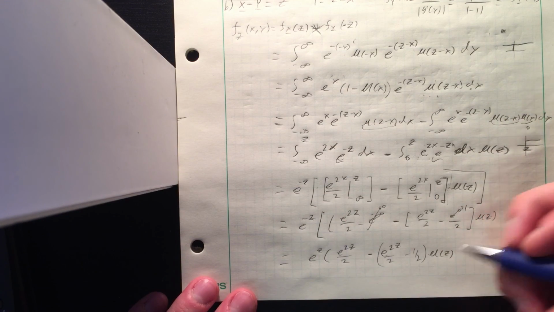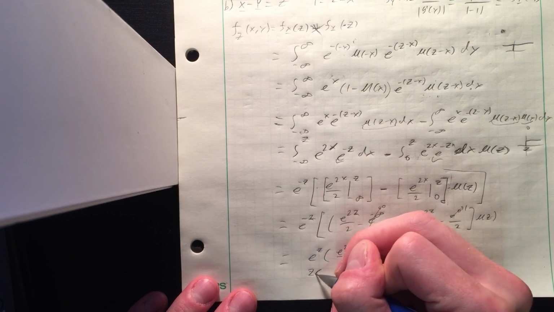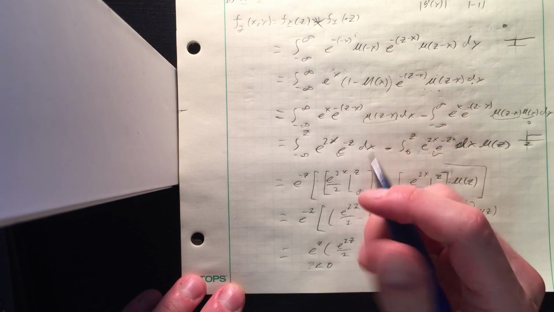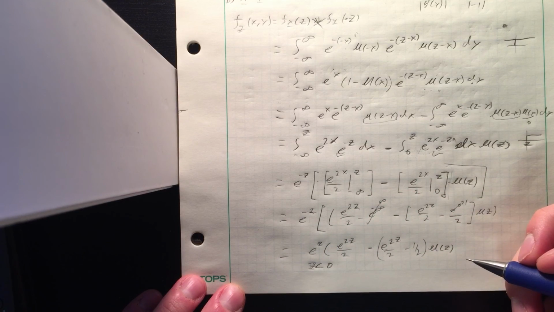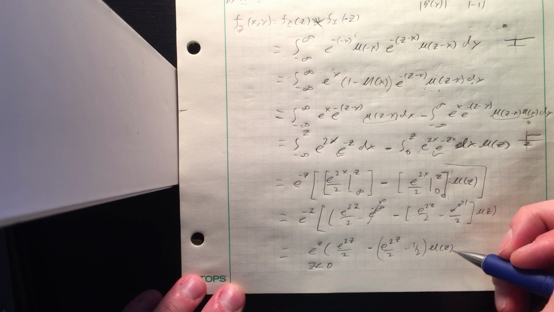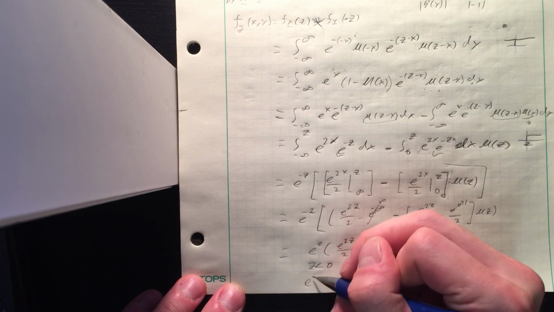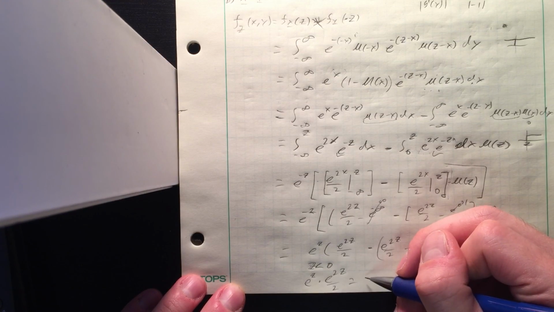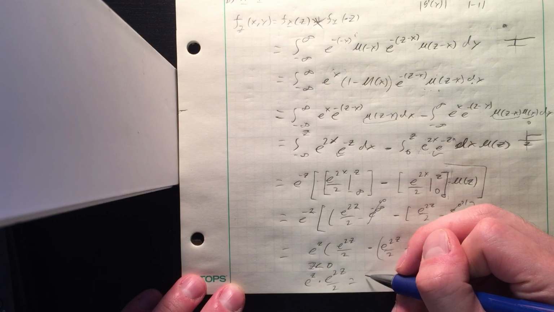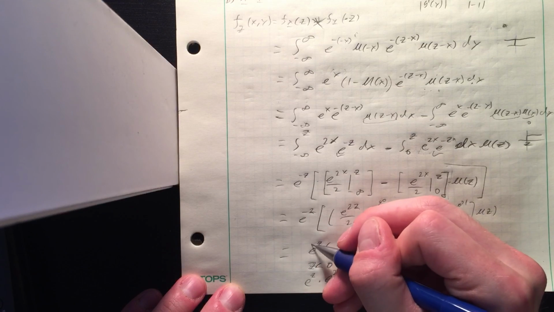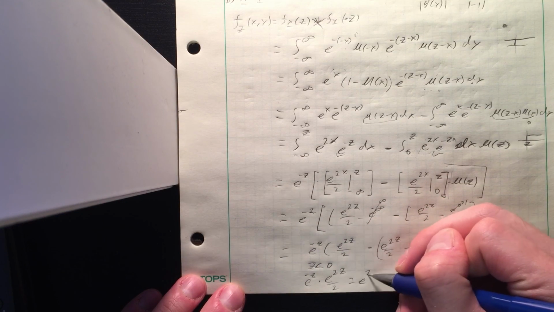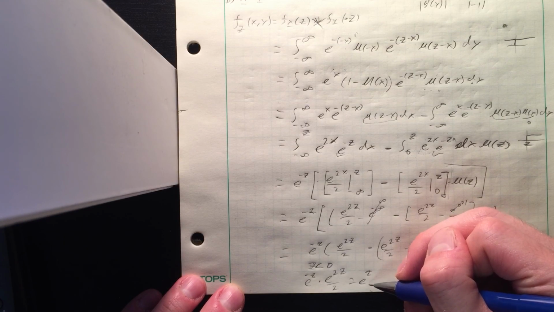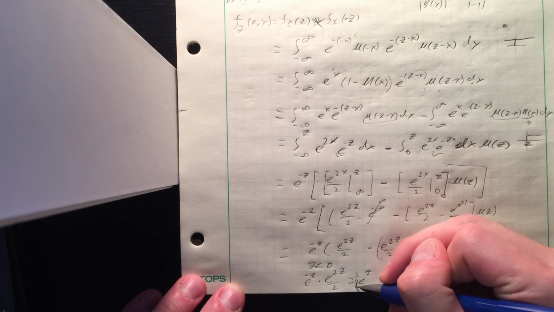So if you think about evaluating this, when z is less than 0, this isn't going to trigger, so we won't have any of that, so it's going to be e to the z multiplied by e to the 2z over 2, which is going to be equal to one-half e to the z.